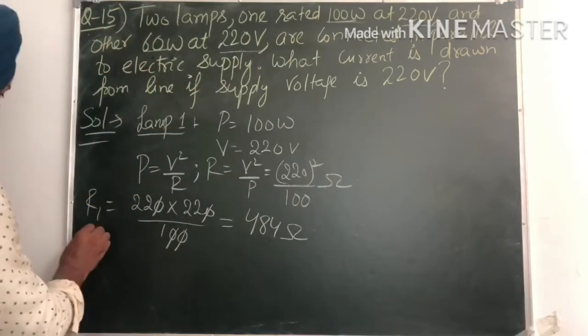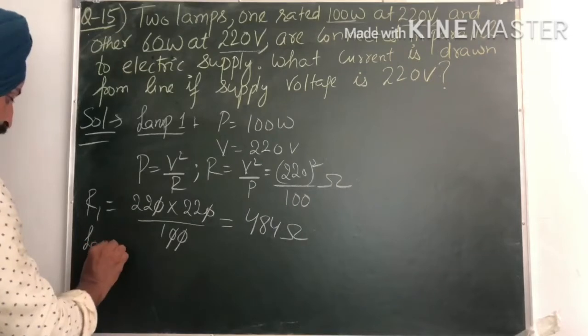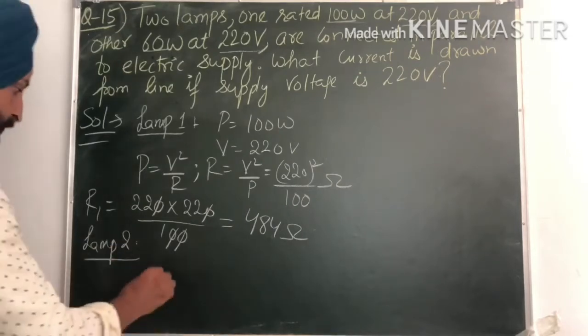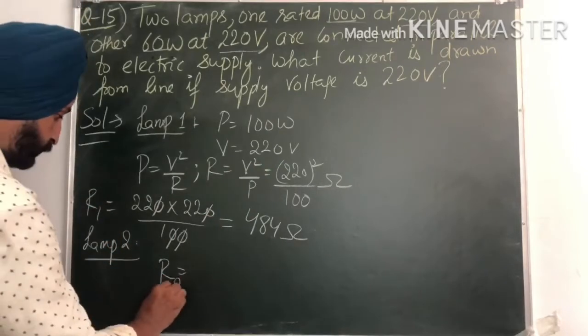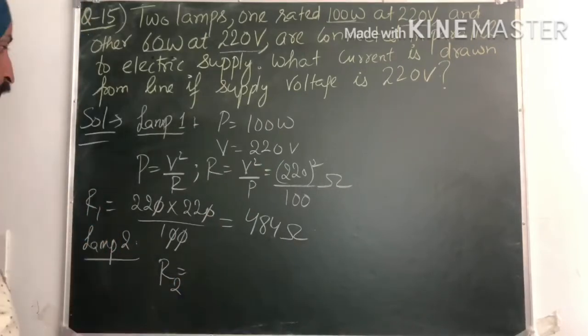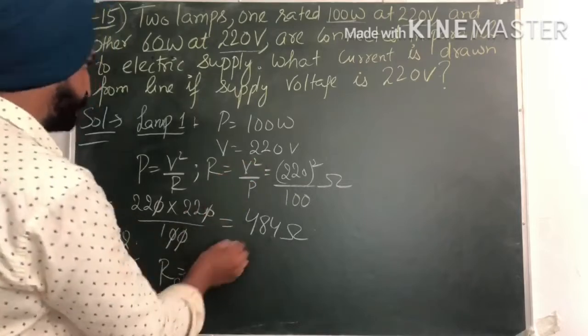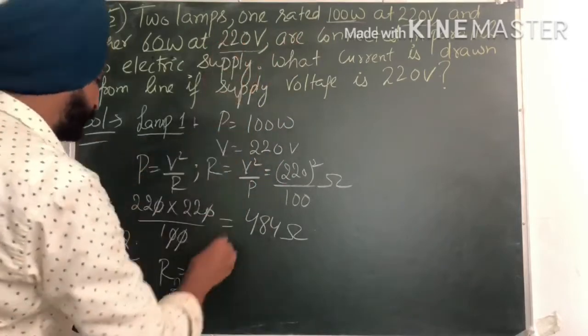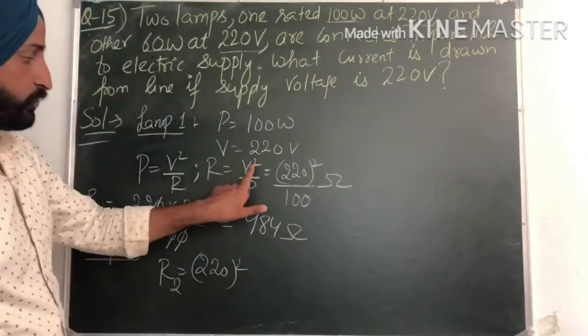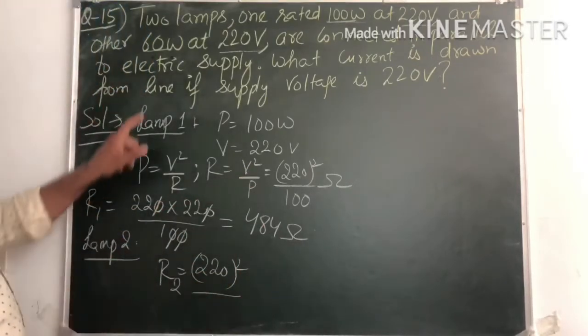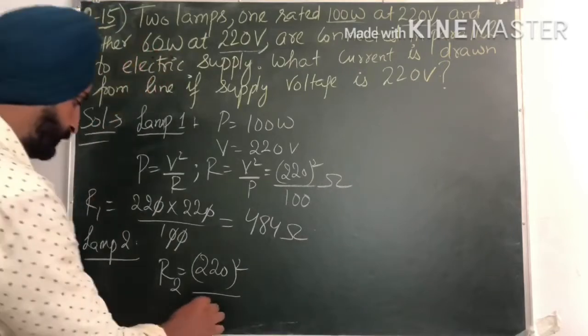Similarly, we can calculate the resistance of lamp 2. For lamp 2, I will be writing R2 over here. So it will be voltage. Voltage is the same, 220 for it also. So square of 220, formula is the same, V square by P, and power here is 60.